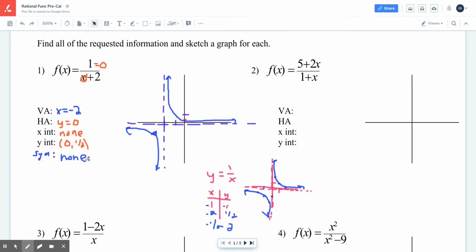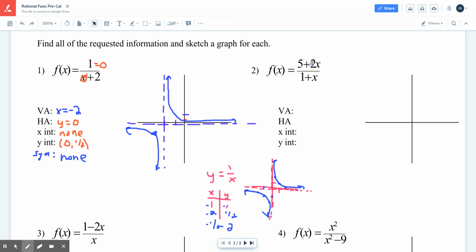When in doubt, the answer is probably none. You'll be able to tell if it's symmetric or not. The symmetry for y equals 1 over x is odd. So there's number 1. Like I said, the more we do of this, the better you're going to get. Don't freak out if you're wondering what I'm talking about right now. It will get better, I promise.